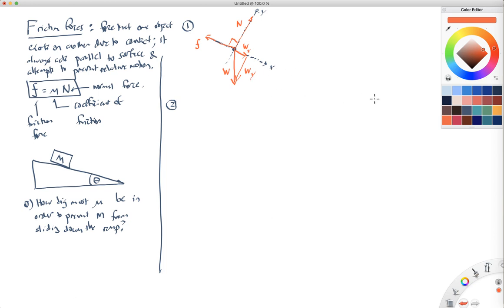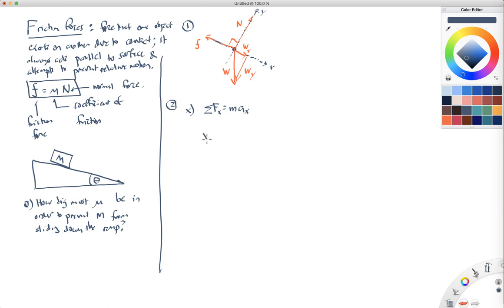All right, so now let's write down Newton's second law, and let's do this in component form. In the x direction, the sum of the forces in the x direction is equal to the mass times the acceleration in the x direction. What are the forces in the x direction?